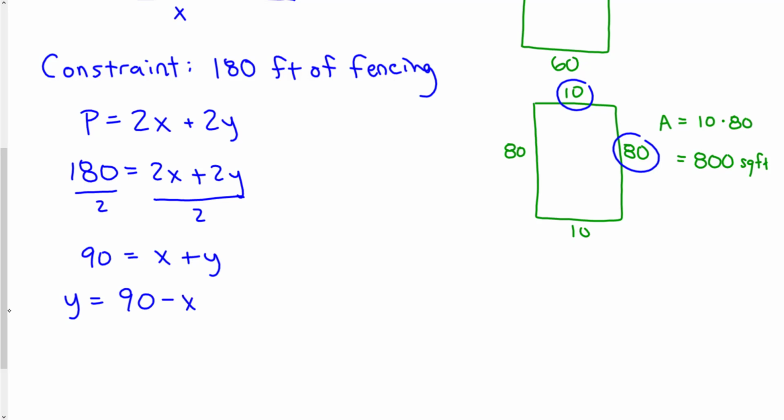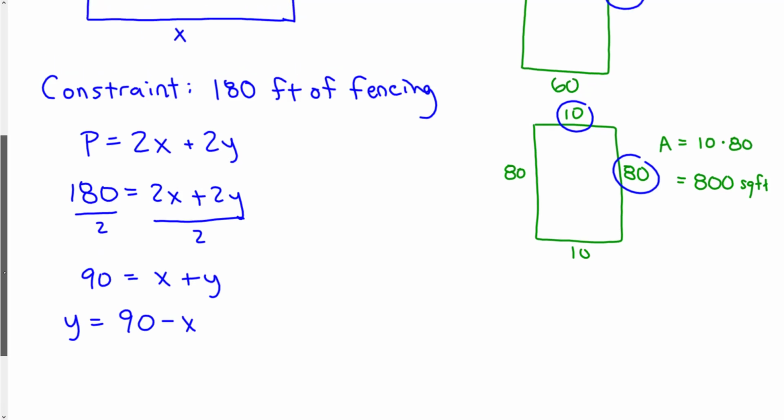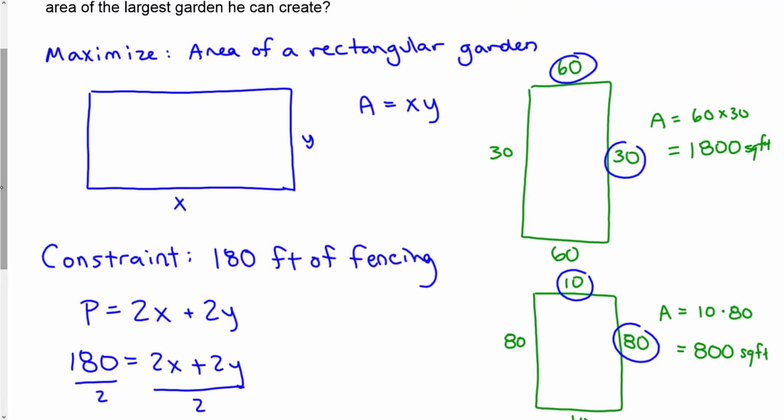And that gives me a relationship between the variables x and y, which is good because up here, this function that I want to maximize, it has two independent variables. X and y are both independent variables.